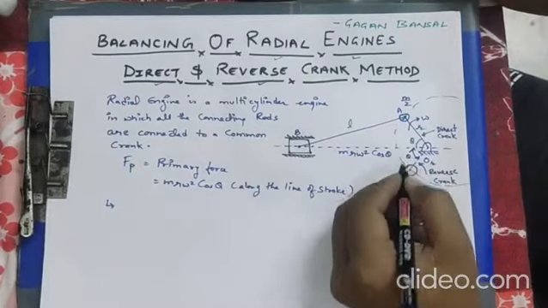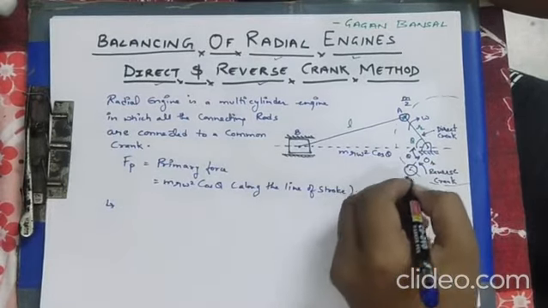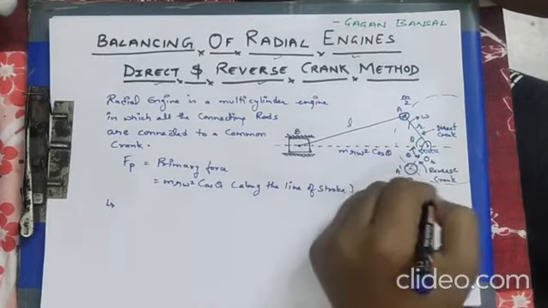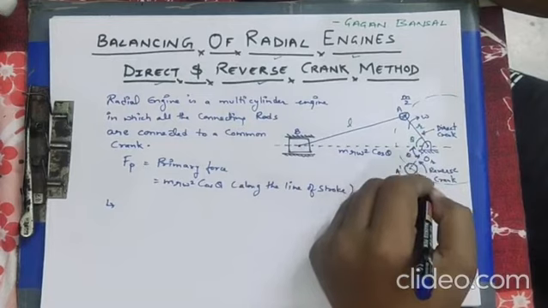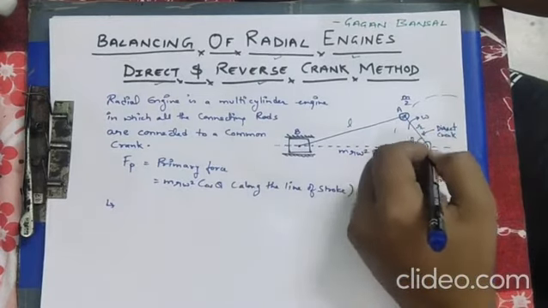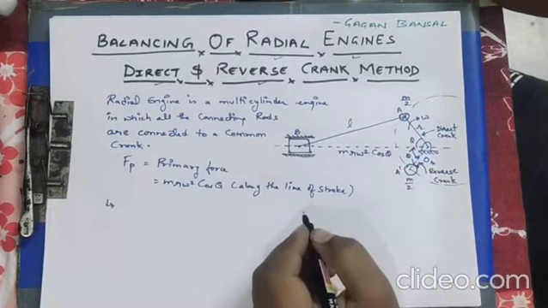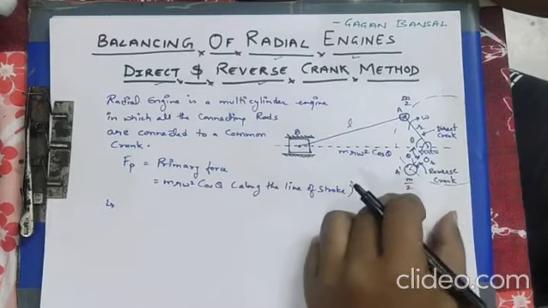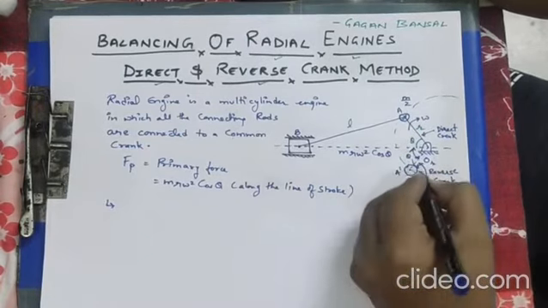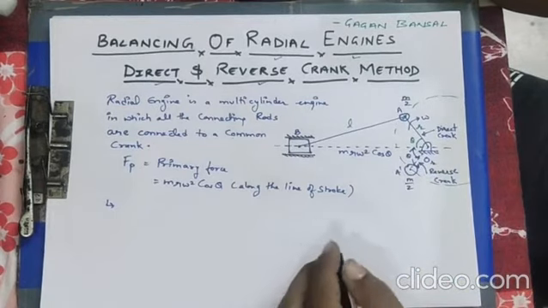Similarly, a mass m by 2 placed at the crank pin of an imaginary crank OA dash at the same angular position as the real crank, but in the opposite direction. Suppose it is rotating with omega in the clockwise direction, so it is in the opposite direction. The imaginary crank is assumed to rotate at the same angular speed, that is omega, in the opposite direction to that of the real crank.